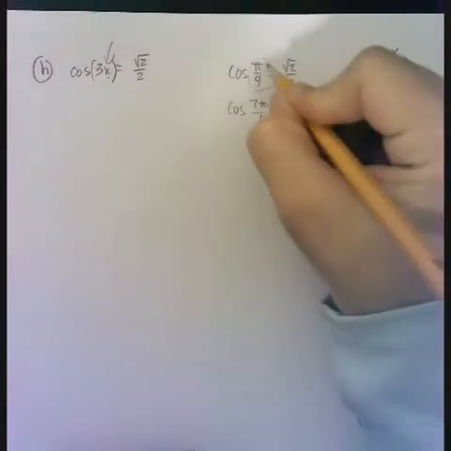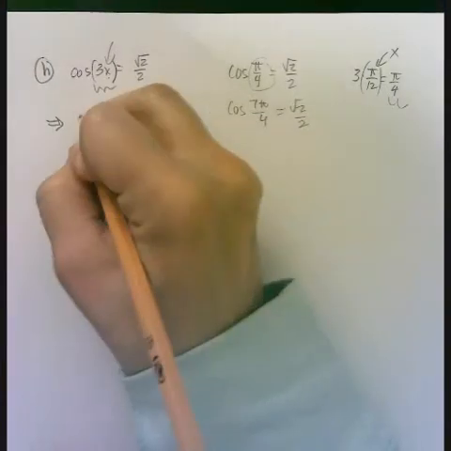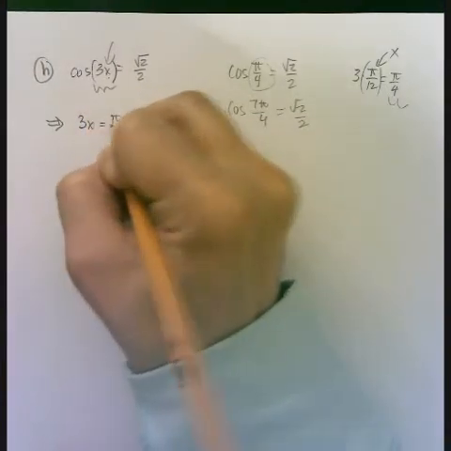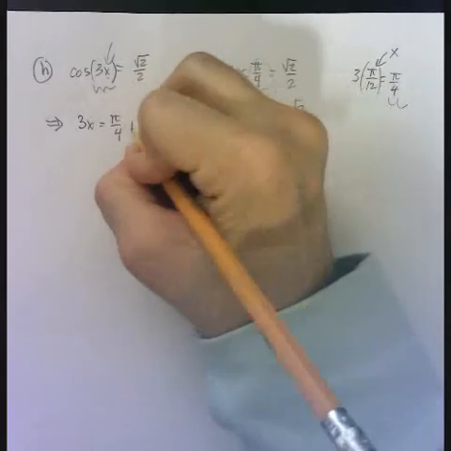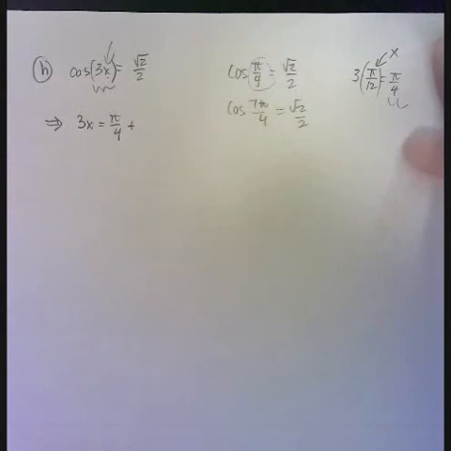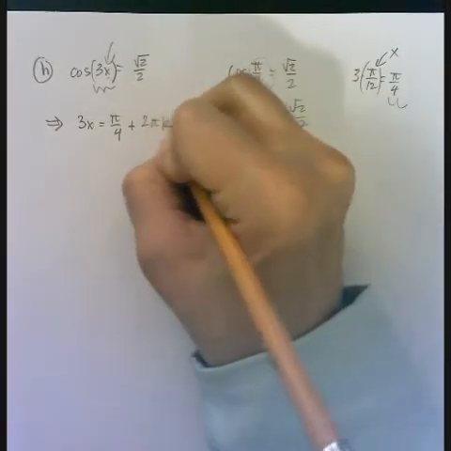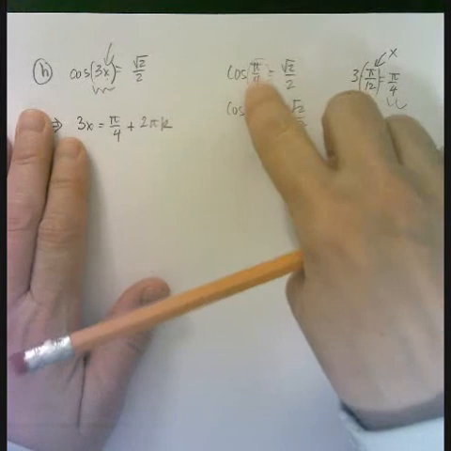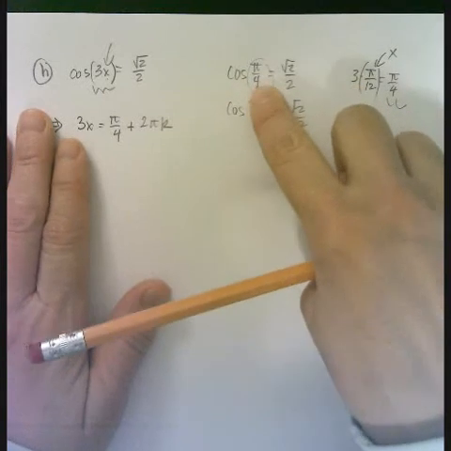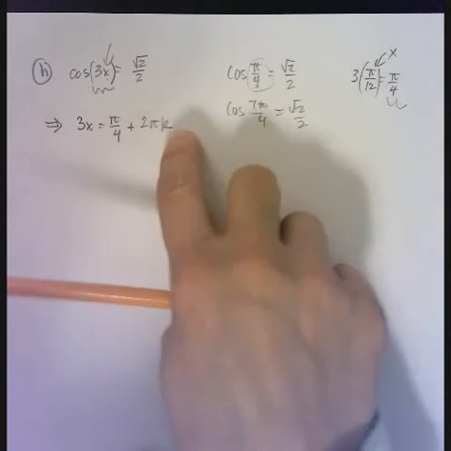So I'm just going to say I need 3x to equal pi over 4. And then I also need to adjust for all of the other solutions. The period of cosine is 2 pi. So if I add 2 pi k, that would give me another solution every time, right? So then I can just divide both sides by 3, the original solution plus the period.